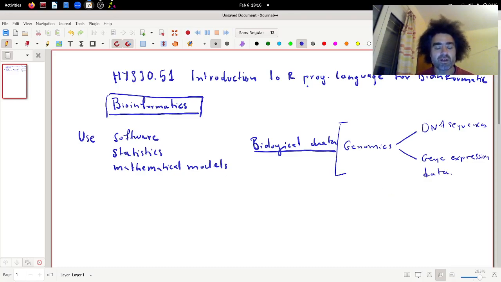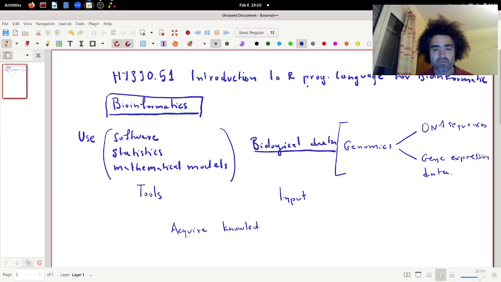So methodologically, what we do is to apply this set of tools and biological data as input in order to acquire some knowledge for the biological system that we study.